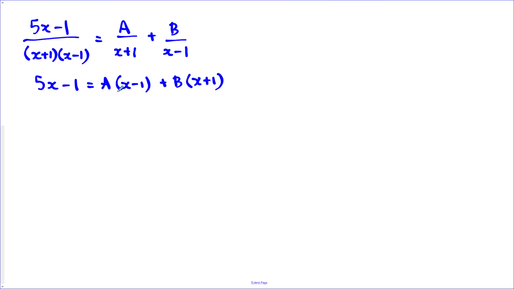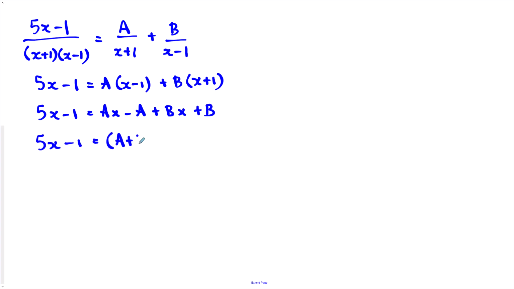Next, distribute in the a and b and collect up the like terms. So we get (a plus b)x, and then plus (negative a plus b). These give us 5 is our coefficient of x, so that means 5 is equal to a plus b.